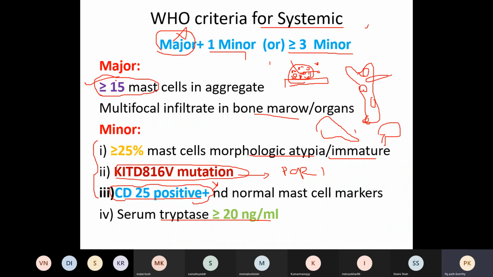That's why we need the criteria of more than 15 cells. In asthma you may see mast cell aggregates, but do you see atypical and immature mast cells there? No. So this criteria plays a very important role. Serum tryptase levels will also be raised, but not as high as 20 or more.